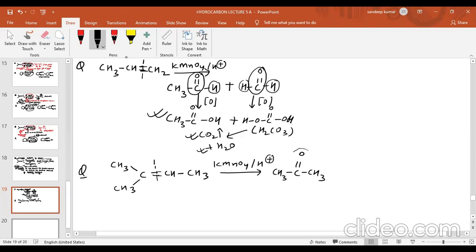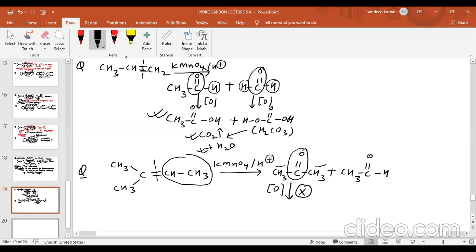Now there is no hydrogen atom on the carbon, so further oxidation is not possible for this compound. But another compound obtained after ozonolysis is CH3, C double bond O, H. So this will oxidize. Why? Because hydrogen is attached directly to C double bond O. So the compound obtained is CH3, C double bond O, OH. So these two products are obtained: one is a ketone and one is a carboxylic acid.